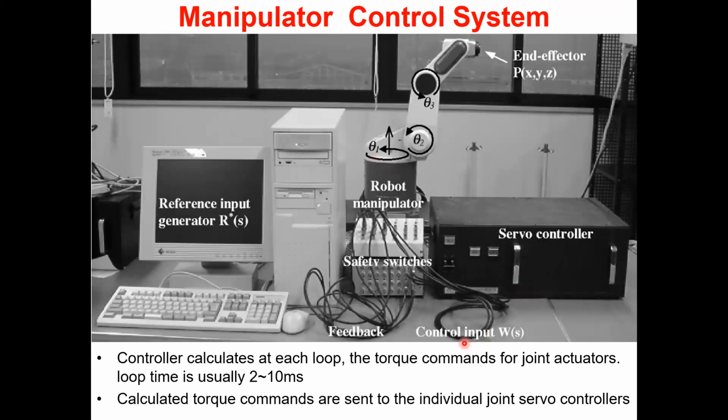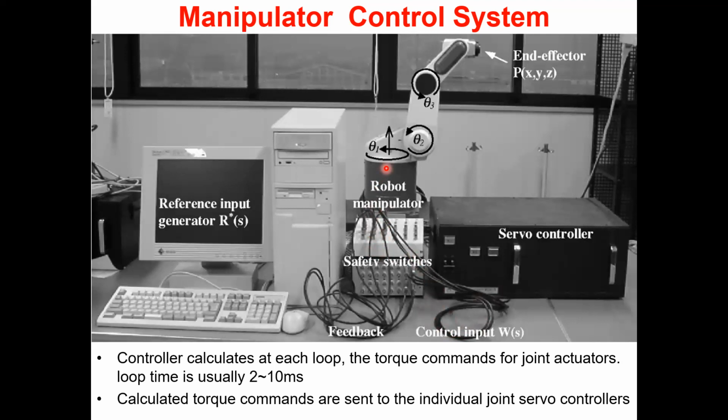Okay, so therefore now you can track this feedback, theta 1 actual position coming from this switch box to the servo controller, and then the servo controller calculates the required actuator command or control signal, and it sends the control signal through these wires, through these cables to this switch box, and then to the actuators, that is the motors here.